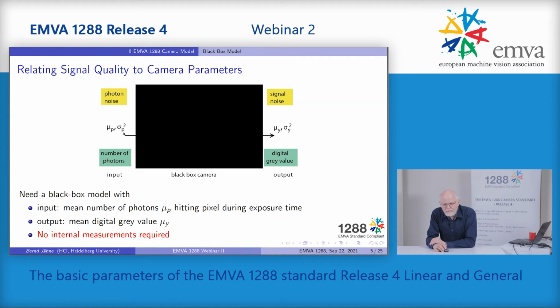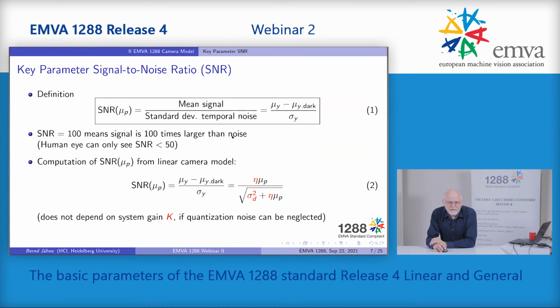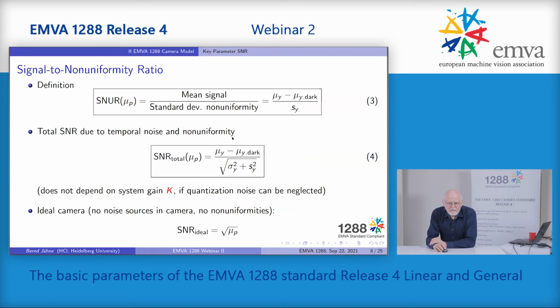And if we have only the photon noise or shot noise, as it's called, what would then be the signal to noise ratio of our output signal? And the interesting thing is, for a linear system, we will get then simply the square root of the number of photons we have collected during the exposure time.